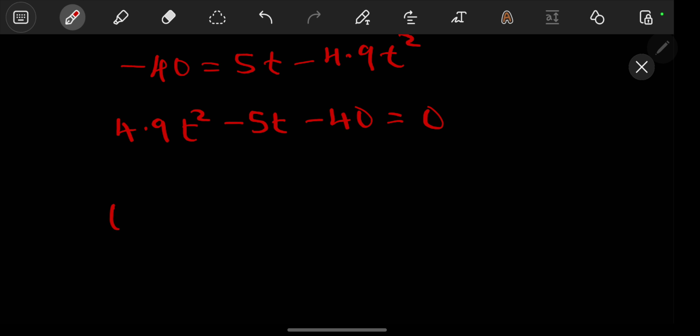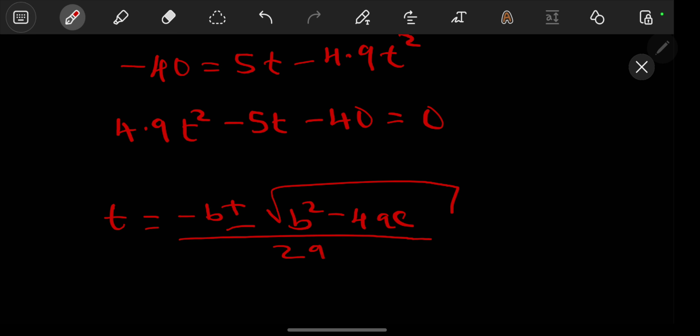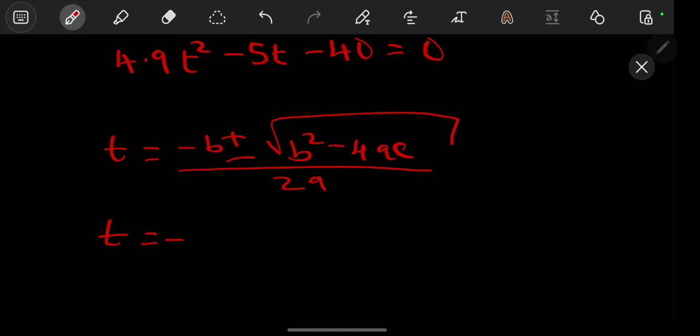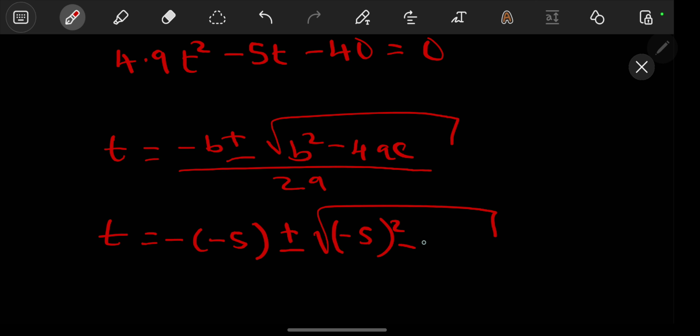So we can say t should be equal to negative b plus or minus the square root of b squared minus 4ac, over 2a. So t should be equal to negative, our b is negative 5, then plus or minus the square root of b squared, negative 5 squared, minus 4, our a is 4.9, our c is negative 40.